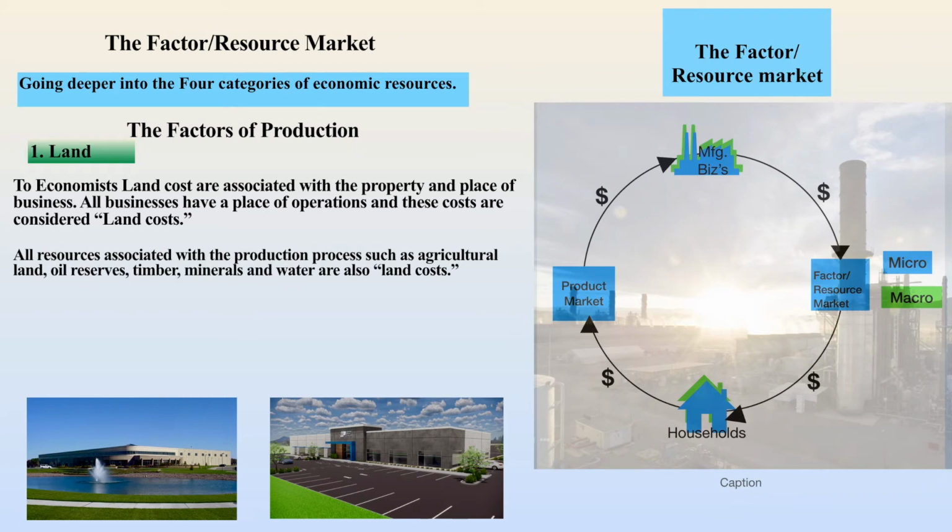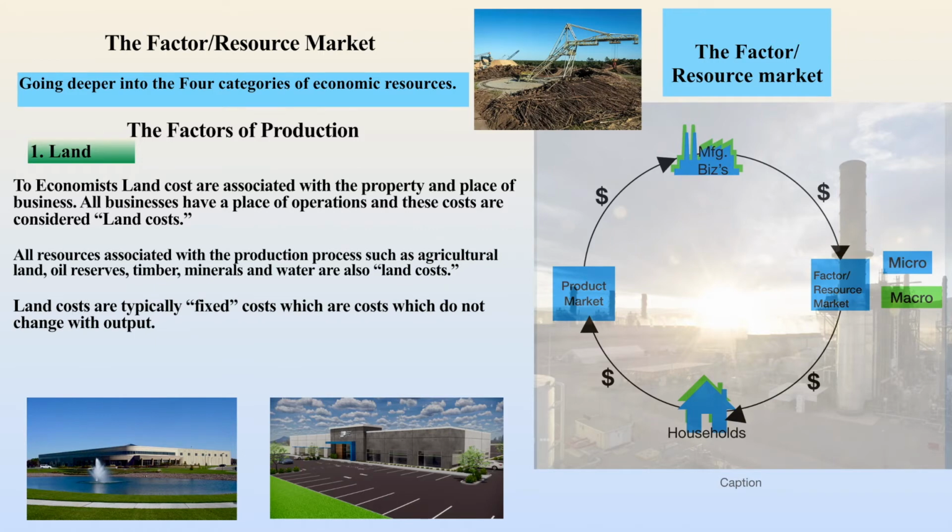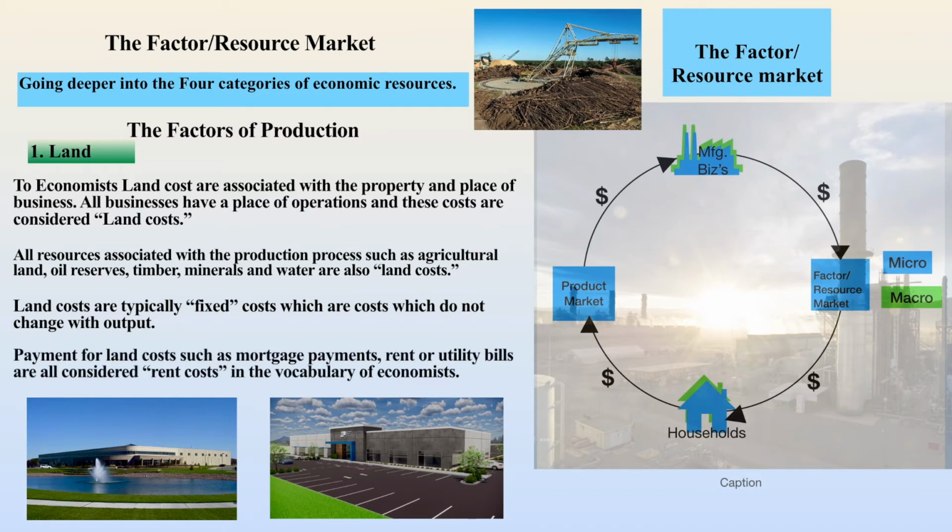All resources associated with the production process, such as agricultural land, oil reserves, timber, minerals, and water, are also called land costs. Land costs are typically fixed costs, which are costs which do not change with output. Payment for land costs, such as mortgage payments, rent, or utility bills, are all considered rent costs in the vocabulary of economists.